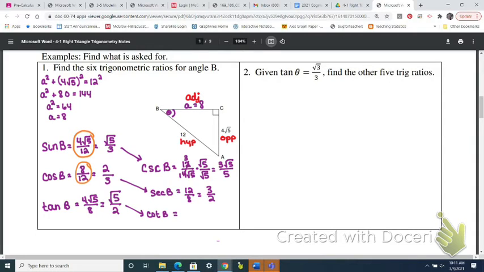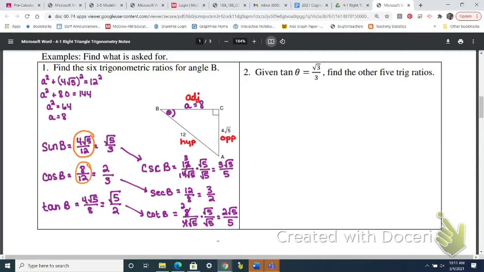So therefore, it is 8 over 4 square roots of 5. Again, I can reduce. And I have to rationalize, so I have to multiply top and bottom by square root of 5. I get 2 square roots of 5 all over 5.